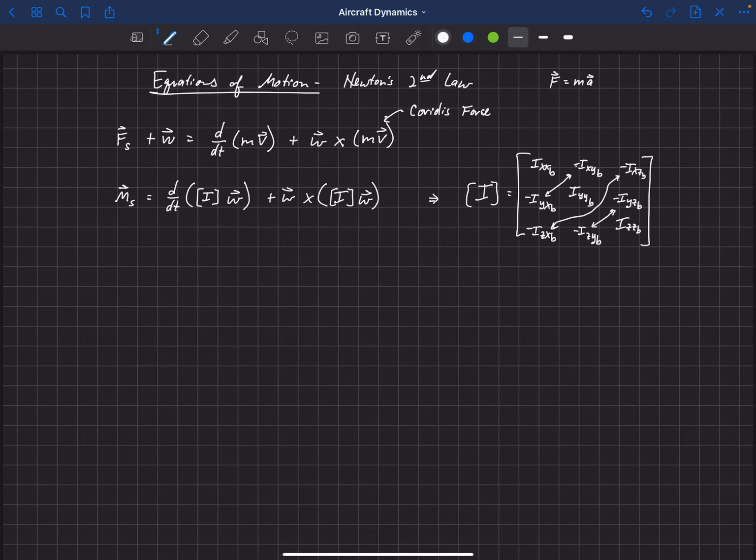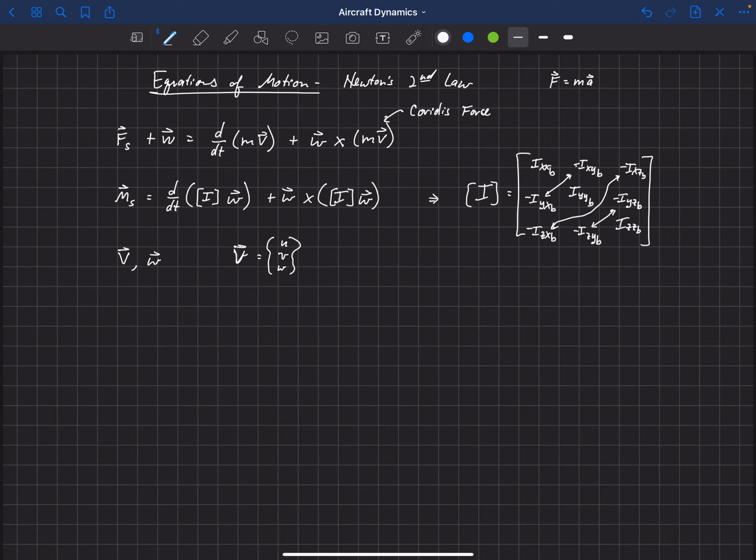Anyway, okay, so let's just define a couple things here. So our velocity and omega. So velocity is our translational velocity, and omega is our rotational velocity relative to the body fixed coordinate system, okay? And so for V, capital V, we're going to write that as u, v, w.